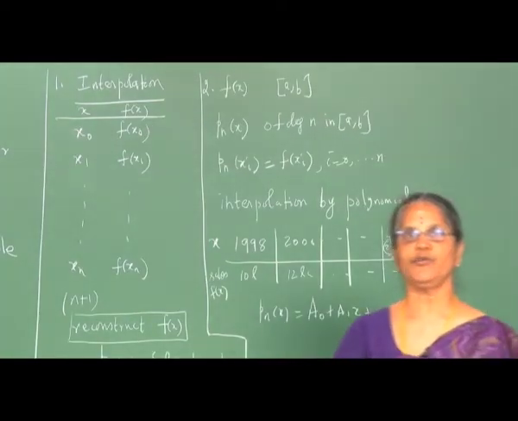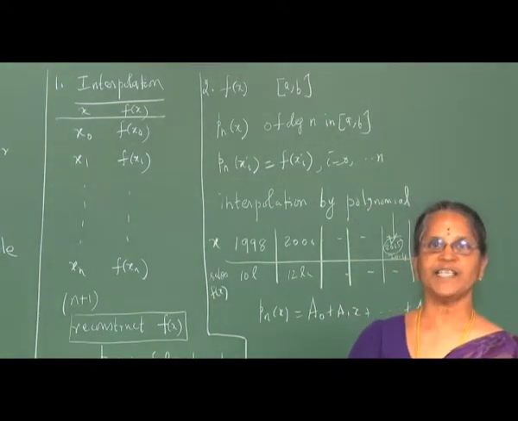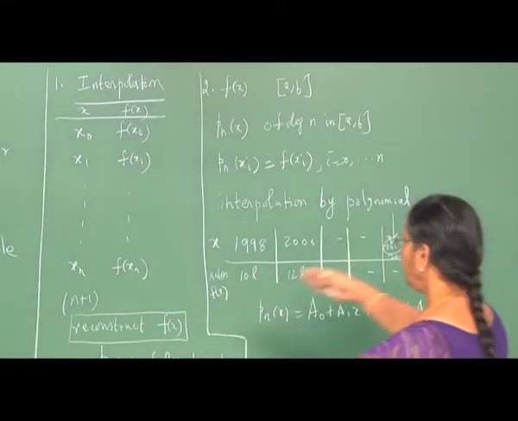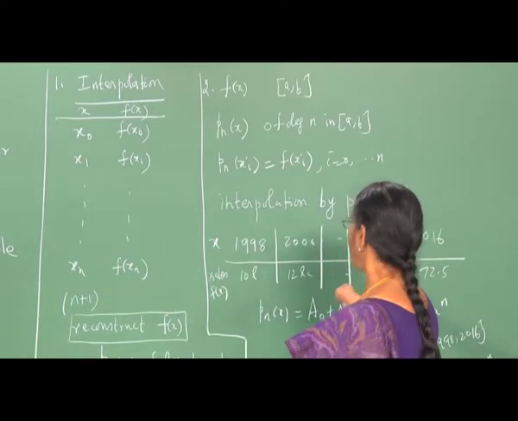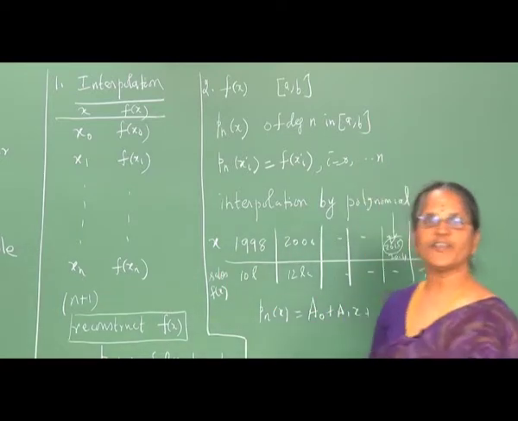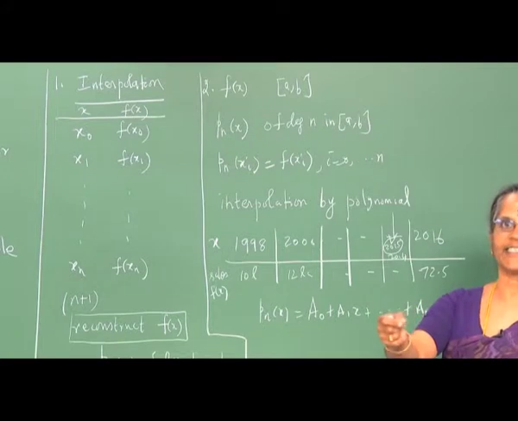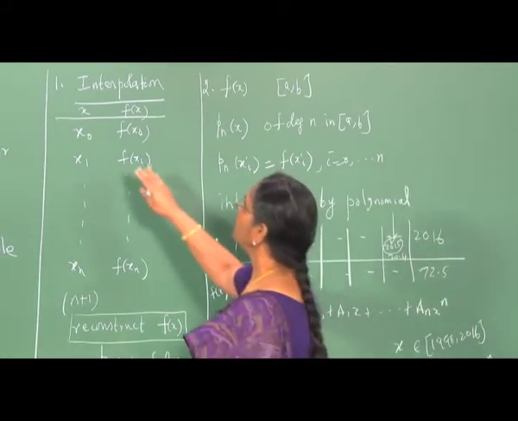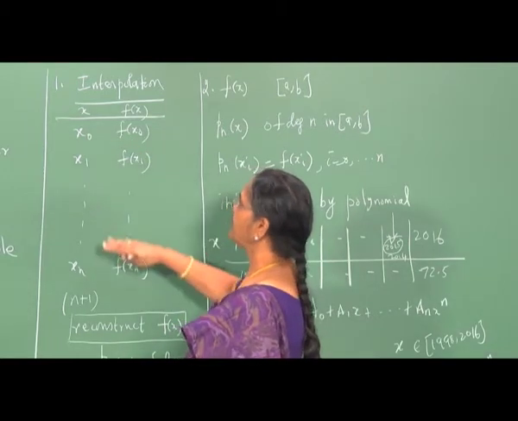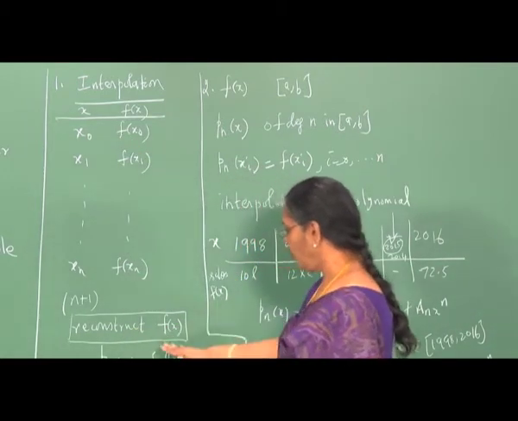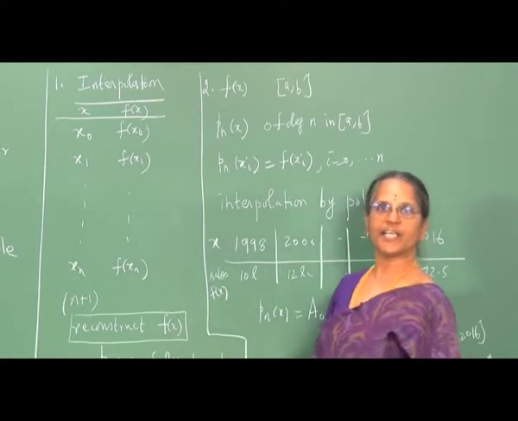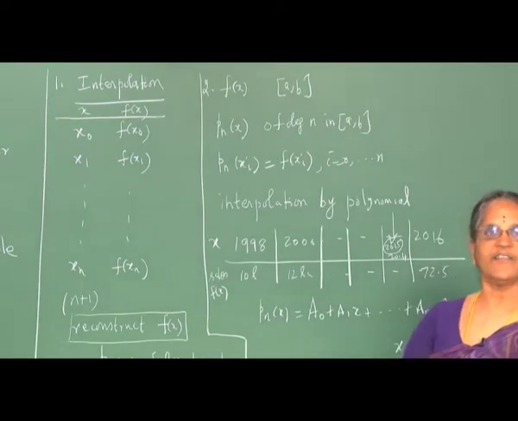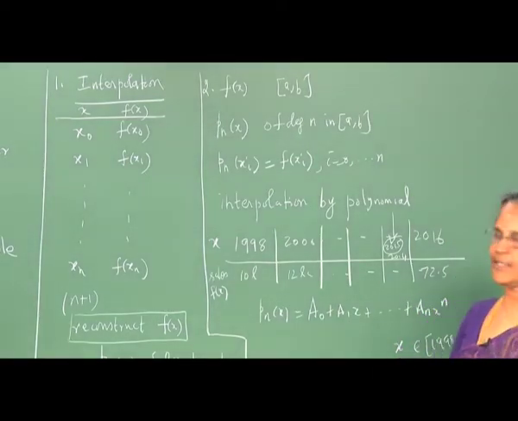So, one will be able to immediately obtain the missing information in the given data. So, polynomial interpolation helps you to get the value of the function at any point x within that interval. We will be trying to get algorithms for the construction of such polynomials, which are known as interpolation polynomials, that interpolate the function at a given set of points.